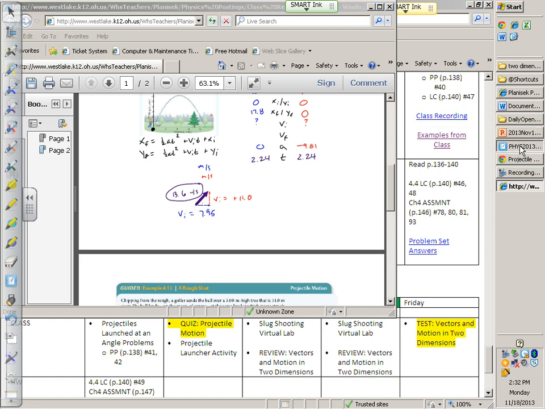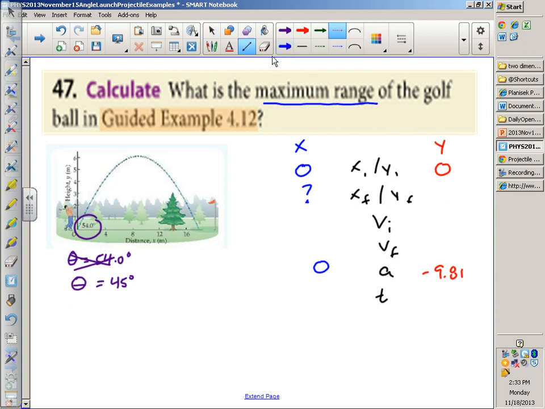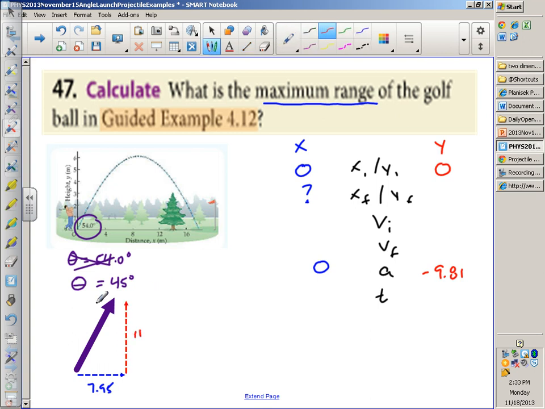So Friday, we had a launch speed of 13.6, and that came because we launched it horizontally at 7.95 and vertically at 11. And we did the Pythagorean theorem and got this to be 13.6. Good?